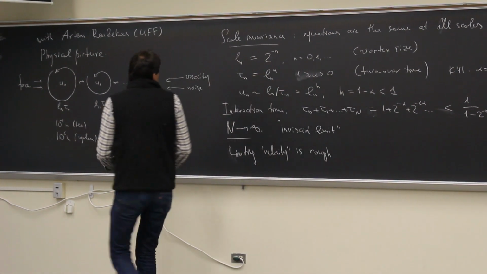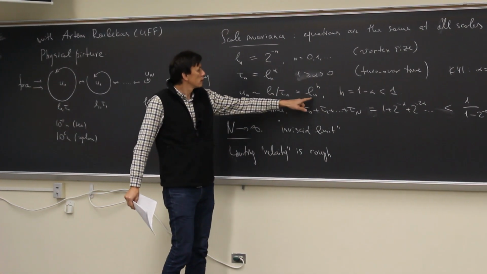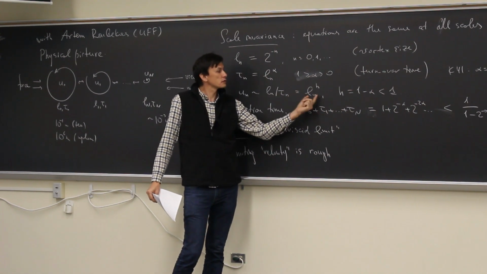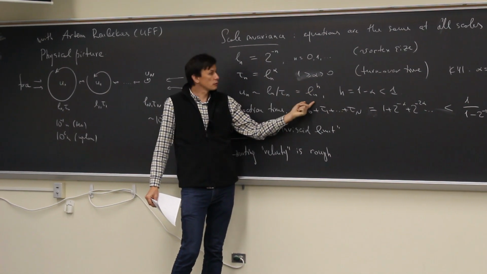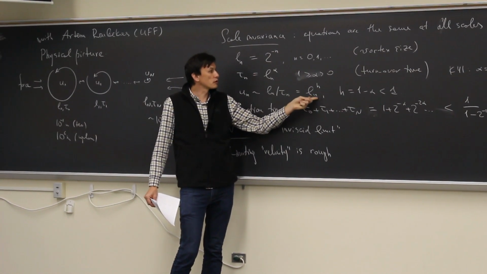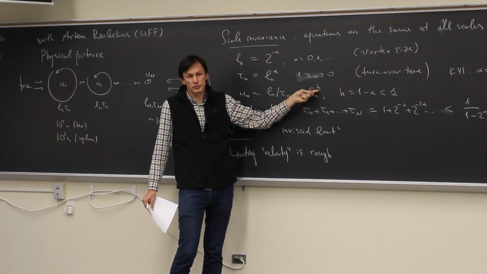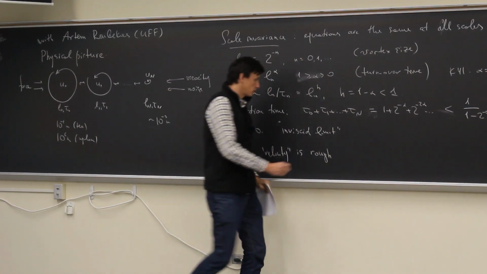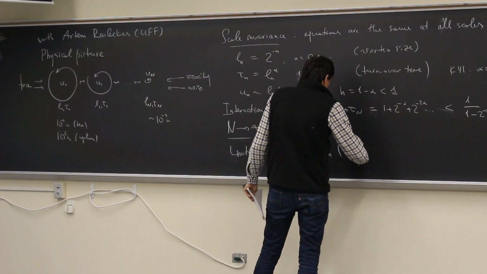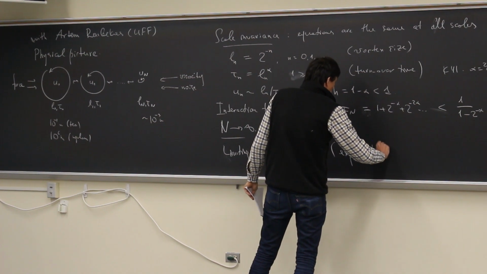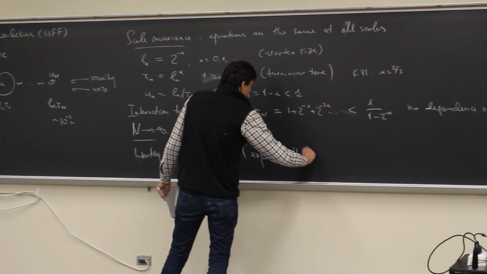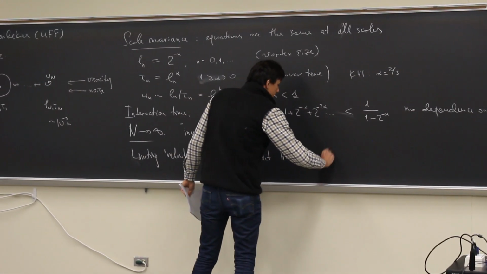You see that at smaller scales the size of the velocity goes as a power h. This means that you expect it to be h-Holder continuous, which means non-Lipschitz.